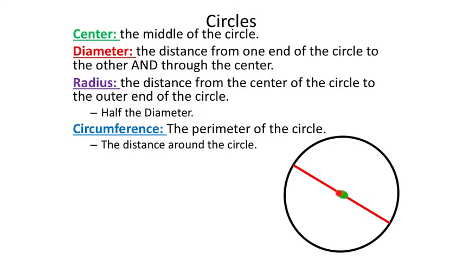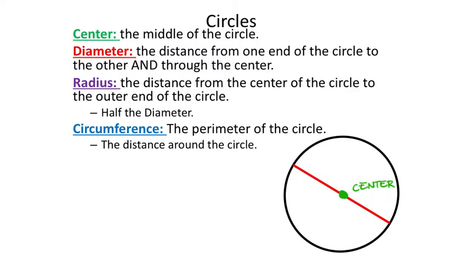Or even on the red line, assuming that I had done this better, this red line here is the same length as this red line right here, okay? So this green point right here that I've just put on my circle, I'm going to call that my center. And if you somehow found the exact center, then good for you. But I did the best that I could.